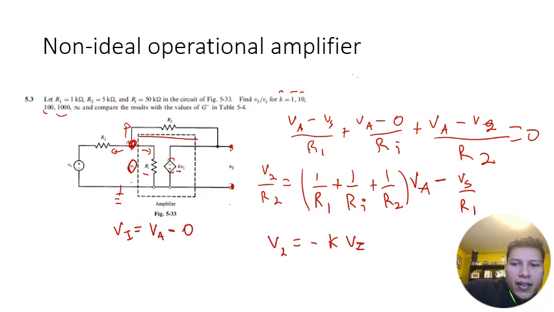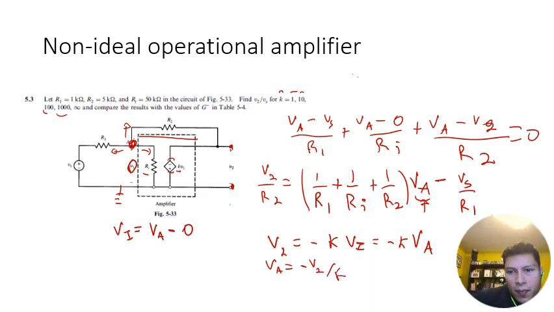So this is equal to negative K VA, or another way to write this is that VA equals negative V2 over K. All right, so I'm going to go ahead and plug this in.